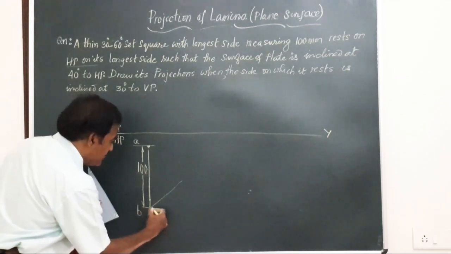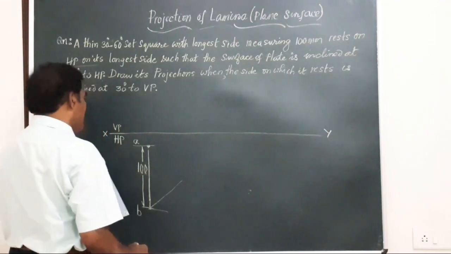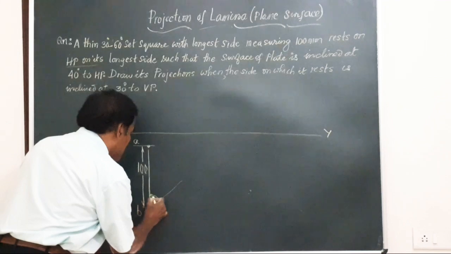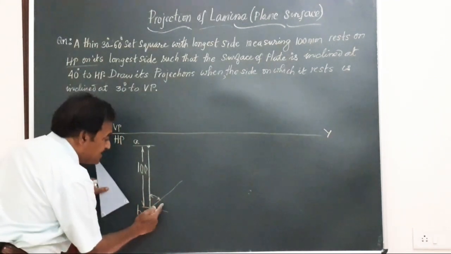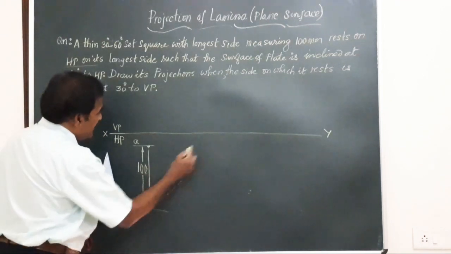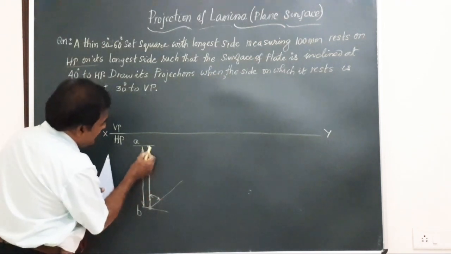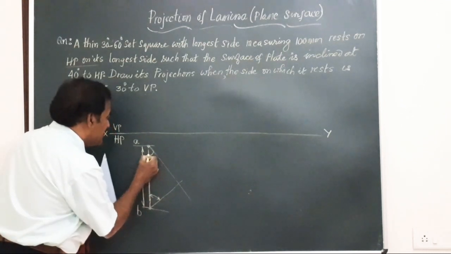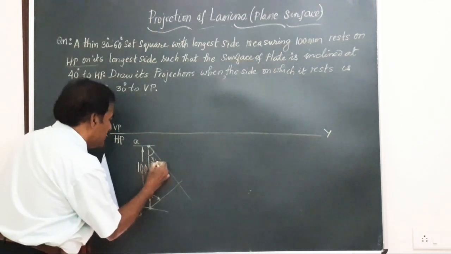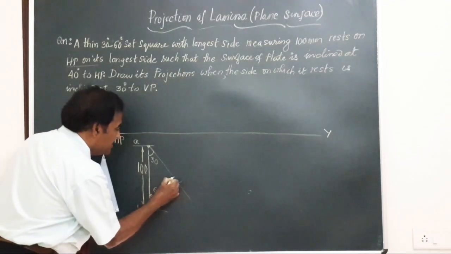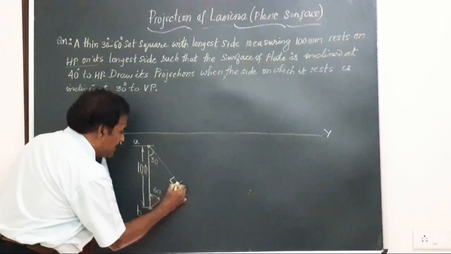So this has to be 60 degrees with the horizontal, or 30 with the vertical, both are the same. Similarly, we do not know the length. So from this point, draw another line at an angle of 30 degrees to the vertical. So this is 30 degrees, this is 60 degrees, and obviously these two will intersect here at 90 degrees.